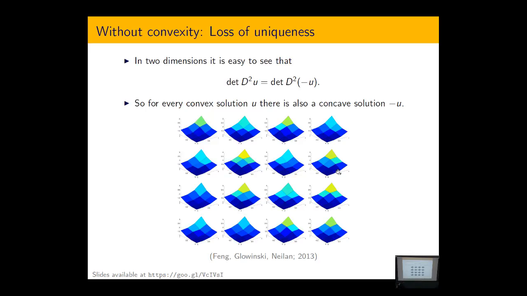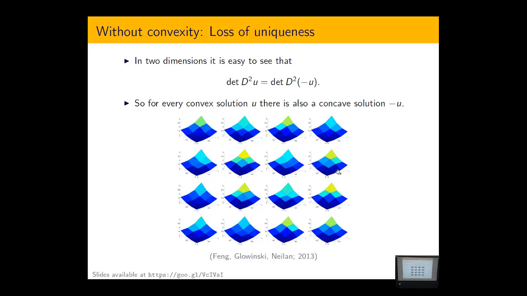Now this has a problem because once you leave that set of convex functions, you're in a mess. In fact, what Xiaobing did with his co-workers in a review paper, they took a very simple-minded finite difference approximation and they tried to solve the Monge Ampere equation on a mesh with 4 degrees of freedom, and they got these 2 to the 4 solutions because at each node the numerical solution could either do the correct thing and look a little more convex, or do the incorrect thing and flip to something which looks concave.